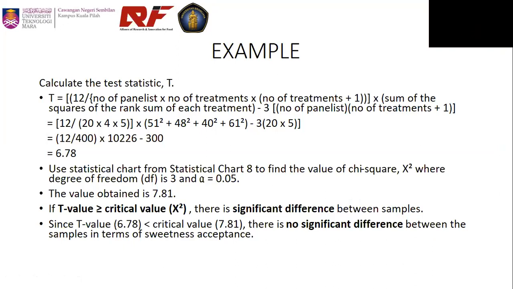And then what you have to do is use the test statistic formula like this. You just follow the formula. So how to calculate the test statistic, which is T?